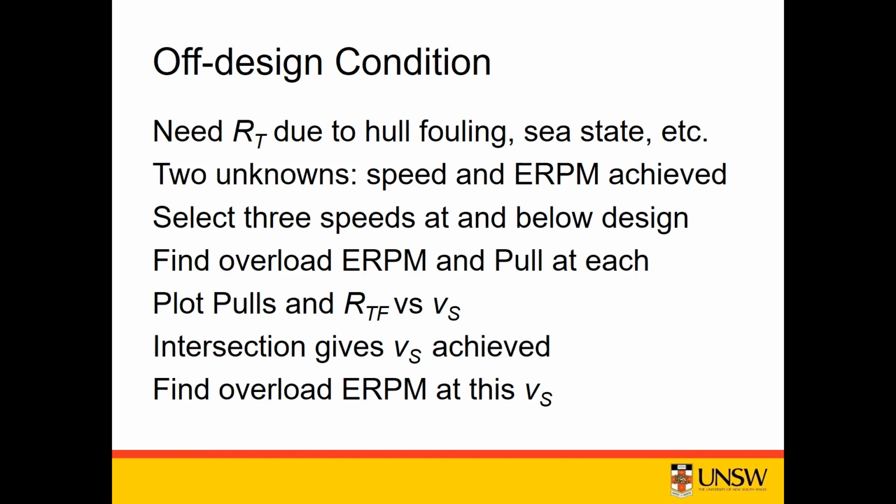You find the overload RPM and the pull at each of those speeds, and you plot the pulls and the RTF versus the speed of the ship, and the intersection will then give you the speed of the ship that you're actually going to achieve due to hull fouling, sea state, etc. And then you find the overload RPM at this particular speed.